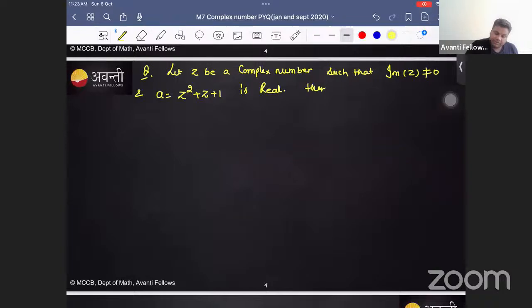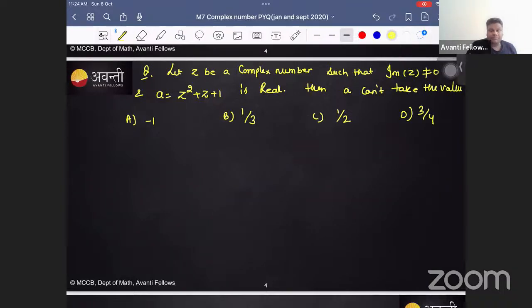Then A cannot take the value. Options are A: −1, B: 1 by 3, C: 1 by 2, and D: 3 by 4.